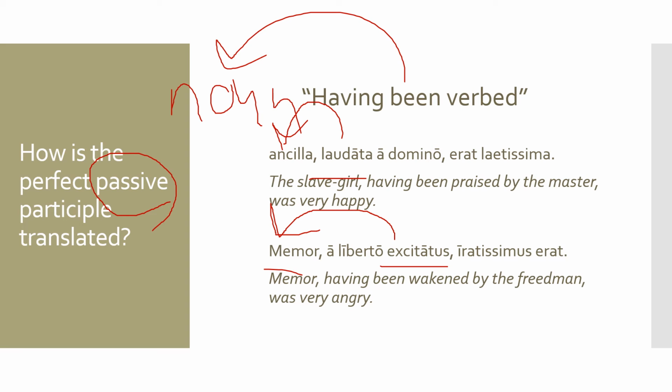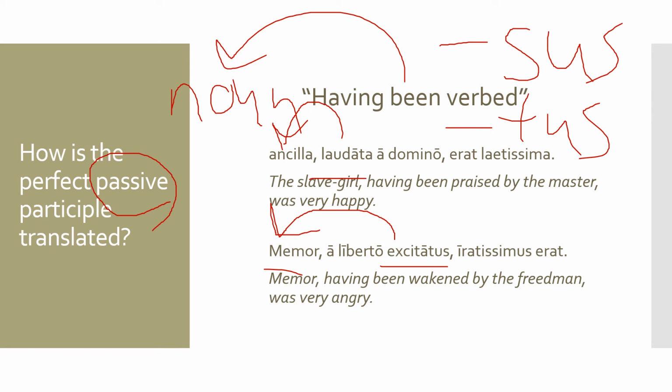One thing to look at here is you will notice that if you were to look at all of the verbs in your checklist or in the vocabulary, that fourth principal part, the perfect passive participle, either ends in sus or tus.